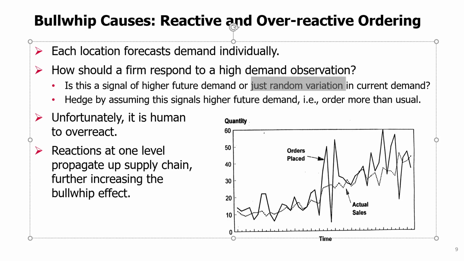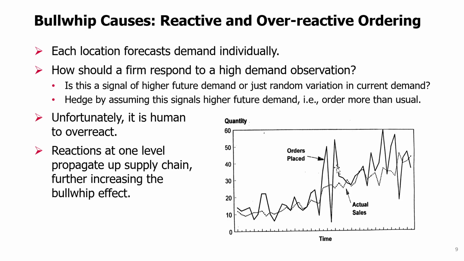And of course, it is human to hedge against some uncertainty and assume this might be a higher future demand. Therefore, at this stage we try to order a little bit more from the higher stage in the supply chain. And this kind of propagation can go on upstream.